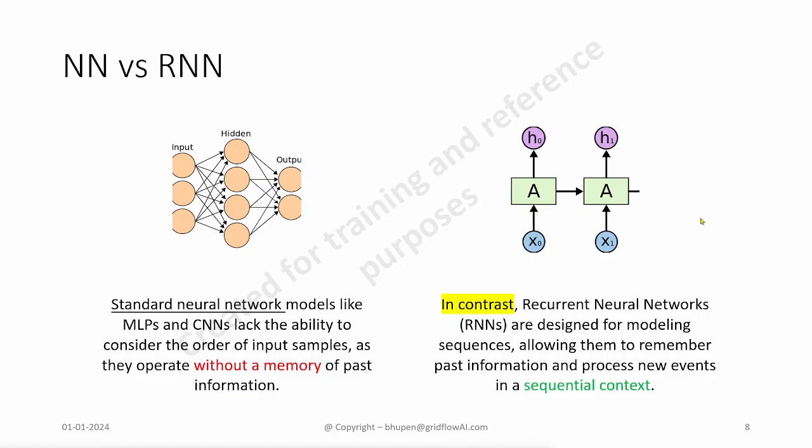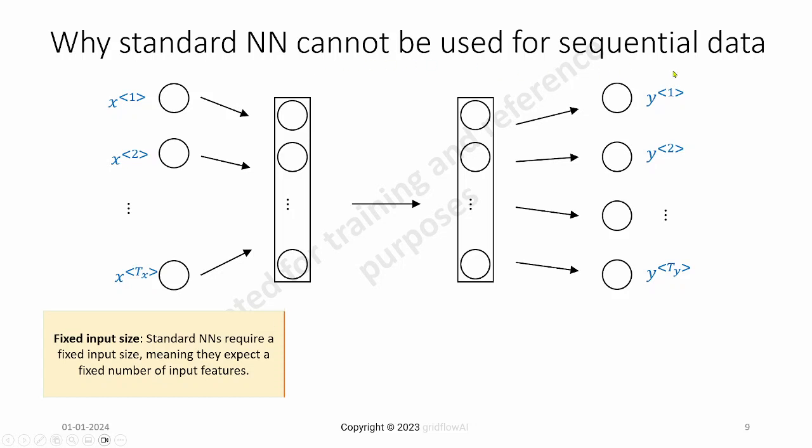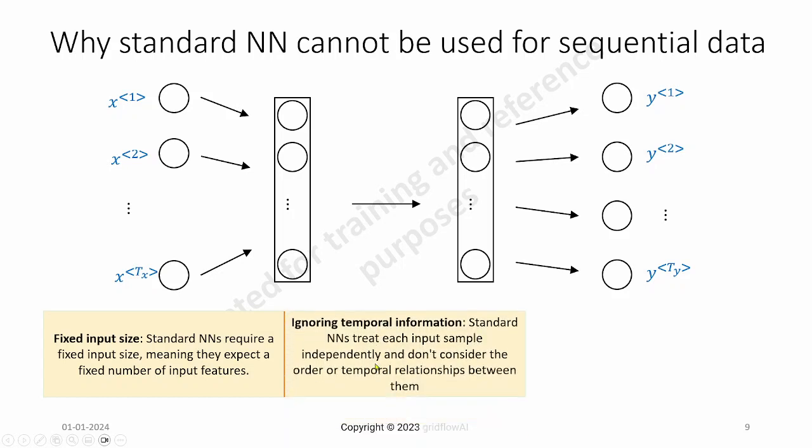So each of these boxes would be like a time step in the language of RNN. That differentiates the two. So why can a standard neural net not be used for sequential data? In a standard neural net, you are expecting to provide input data which is fairly fixed, whereas in the case of sequence data, we do not have a fixed record size.